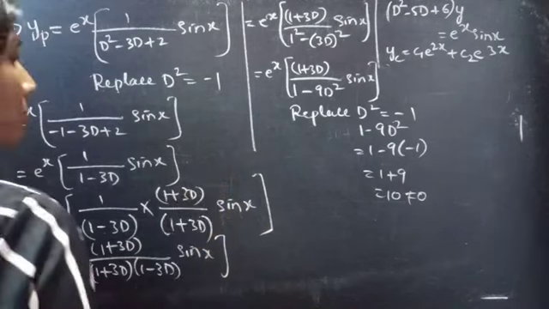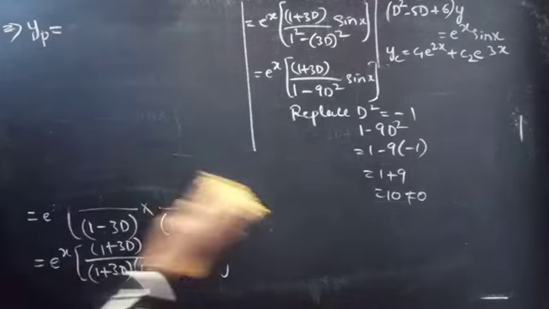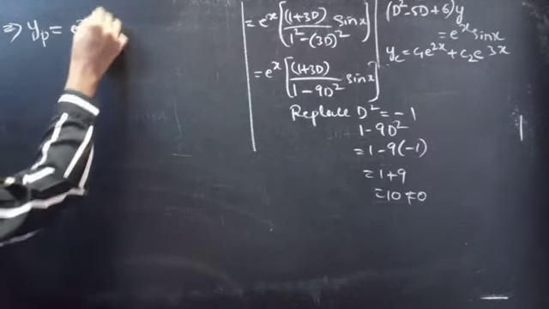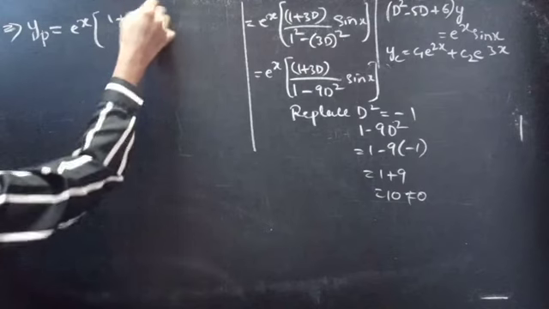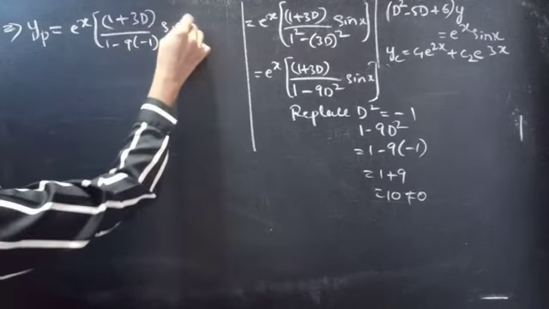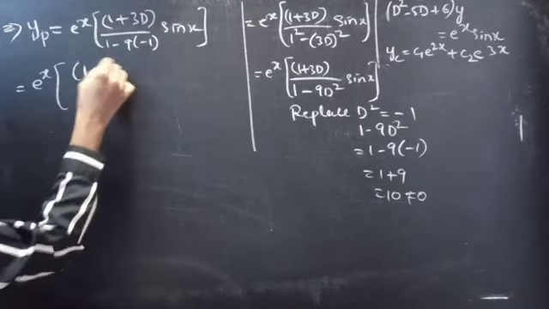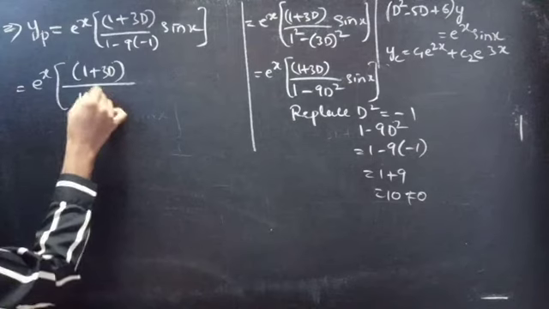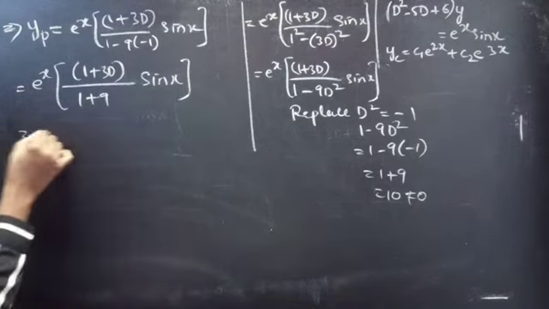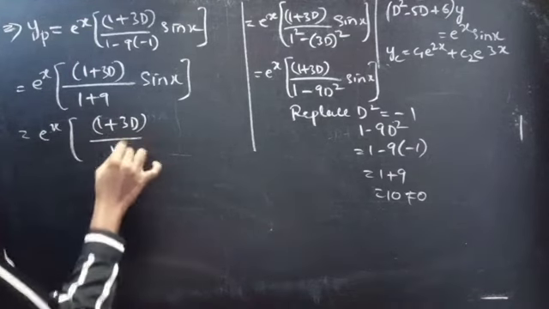Then yp becomes e^x into (1 + 3D) by 1 − 9 into −1 into sin x, which equals e^x into (1 + 3D) by 1 + 9 into sin x, which becomes e^x into (1 + 3D) by 10 into sin x.